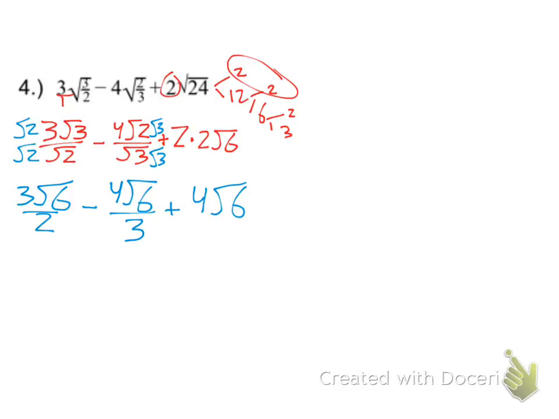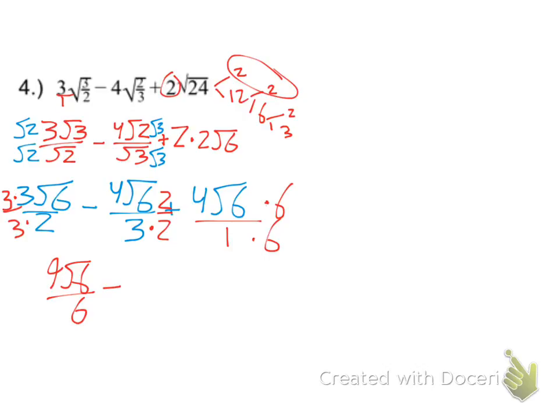6. How do I make a 2 a 6? Multiply by 3. What I do to the bottom, I need to do to the top. 3 times 3 is 9, so it's 9 square root 6 all over 6.